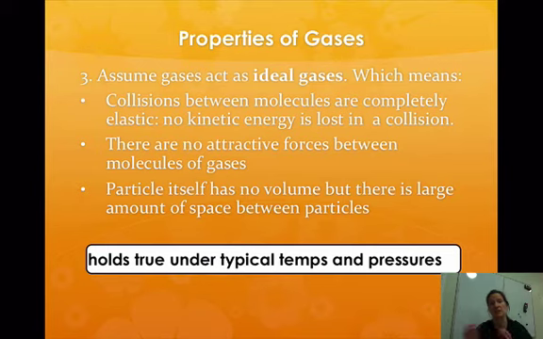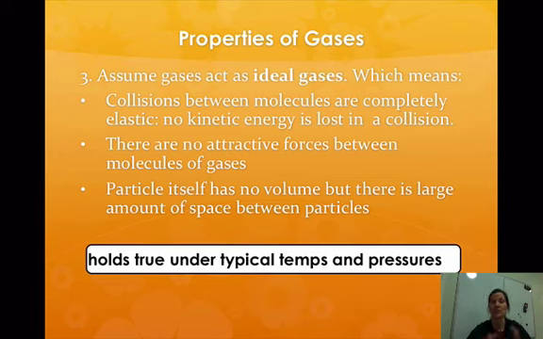And ideal fashions means they have elastic collisions. When they are around each other, they're not going to attract one another, and basically they don't have volume, which is silly. We know that the collisions are going to lose some energy. We know that there is an attractive force, and we know they have volume.